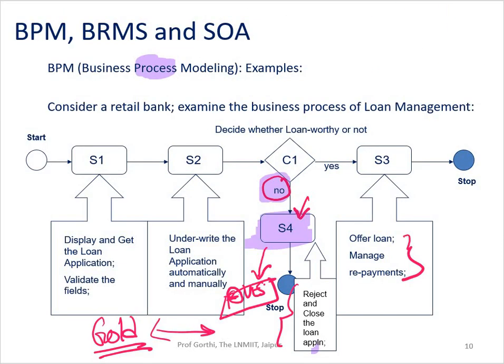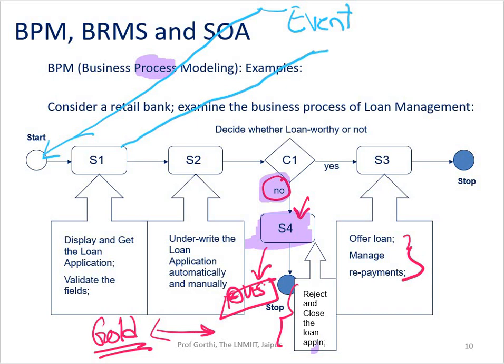So in any business process modeling, these round circles are nothing but your events, that is the name or the source, and these rectangles with curved ends represent the activities, and these diamond boxes are gateways, whether to go in a particular direction or not.